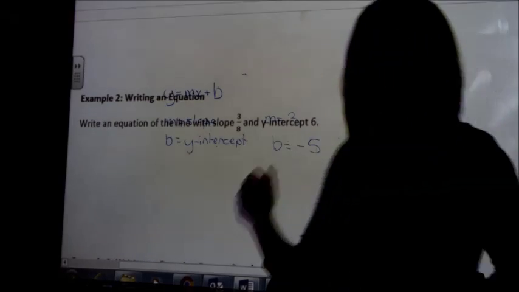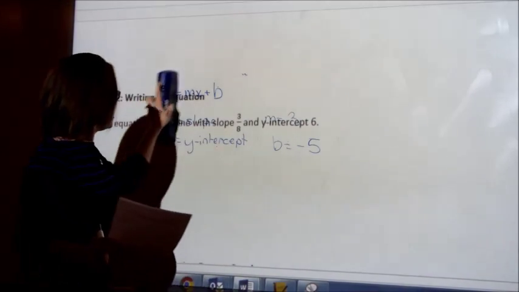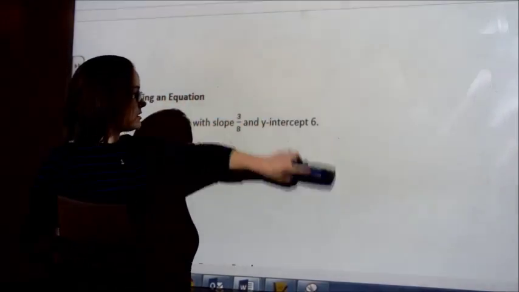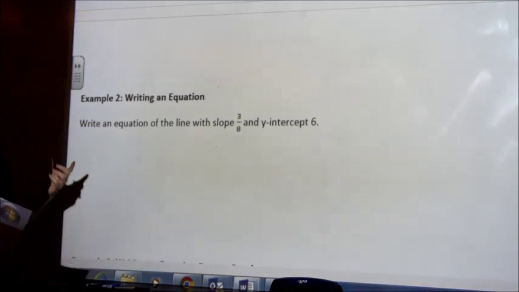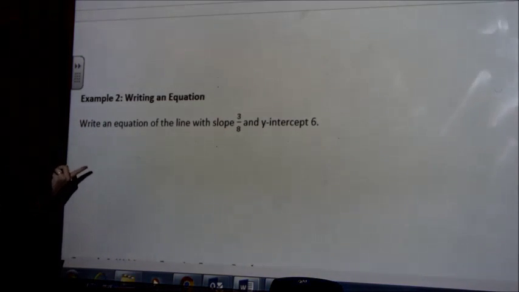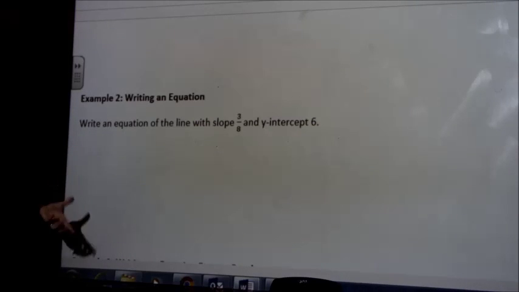Okay. So for our second example, we're going to talk about how to write an equation. So we're going to write an equation of the line with the slope 3/8 and a y-intercept of 6. So we're kind of doing the reverse of what we just did.